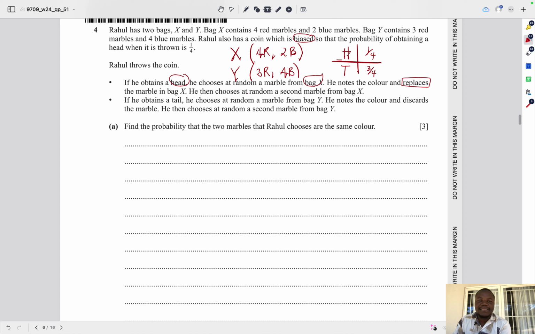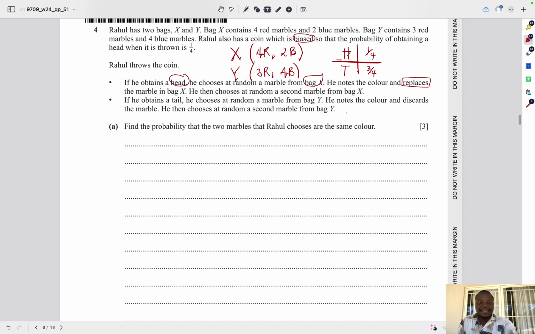And then he chooses at random a second marble from bag X. So if this person throws the coin and obtains head, he's going to choose 2 marbles from bag X. He will pick the first one, notes the color, and then retains that in the bag, and picks the second one and then notes the color.